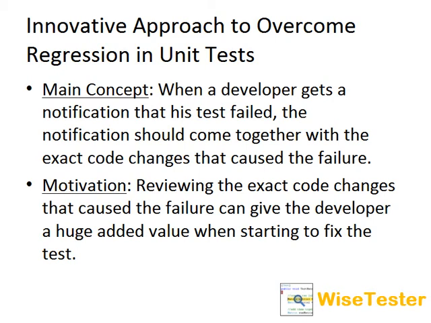Which brings us to the main subject of this presentation: an innovative approach to overcome regression in unit tests. So the main concept of this approach is that when a developer gets a notification that his test failed, the notification should come together with the exact code changes that caused the failure, so he can review them before he even starts any debugging.